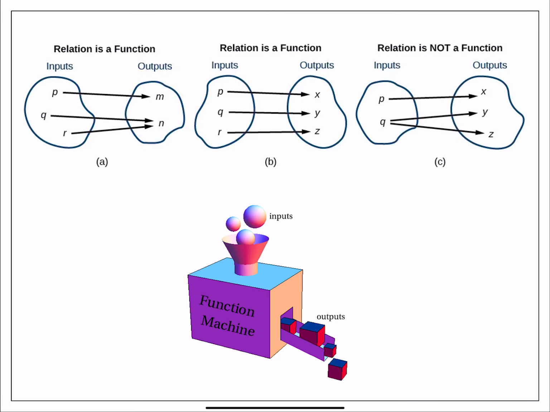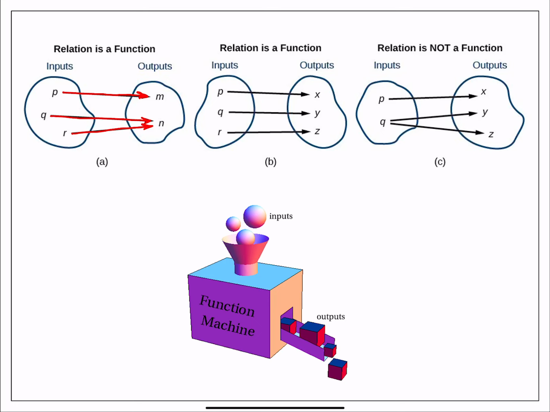So if we look here, we have a couple of little situations. In the first situation, we have this kind of relationship where we have a P as an input and the P goes to M. The Q goes to N and the R goes to N. So our P is our input, our Q is our input, and our R is our input.